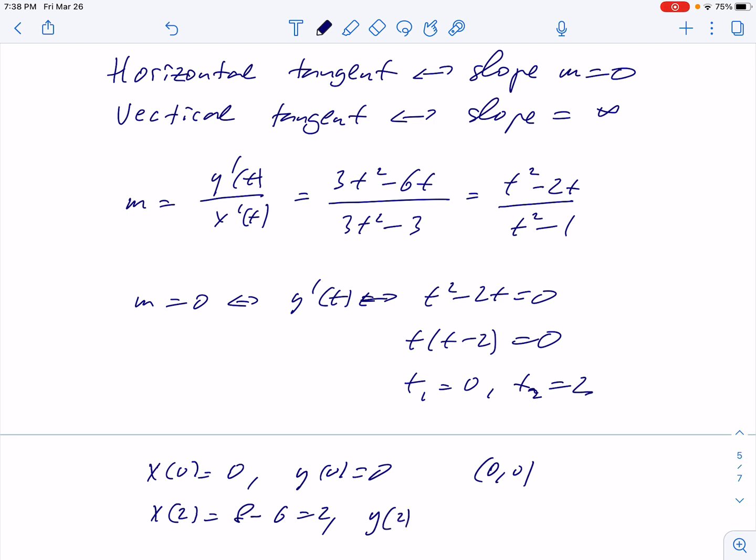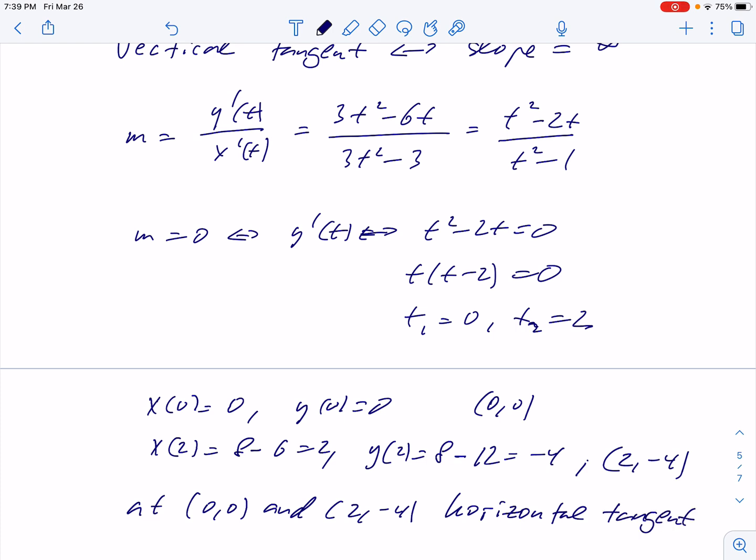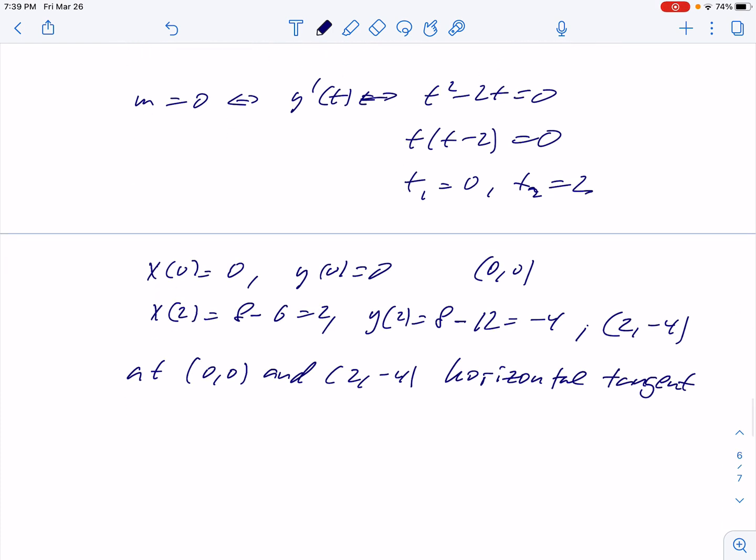Y of 2 will be 8 minus 12, which is negative 4. So another point is (2, negative 4). So at (0, 0) and (2, negative 4), we have a horizontal tangent. The first half of the problem is solved.